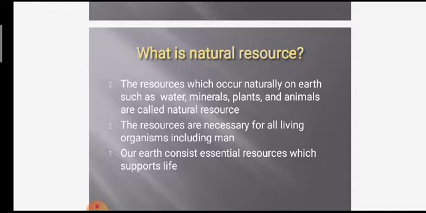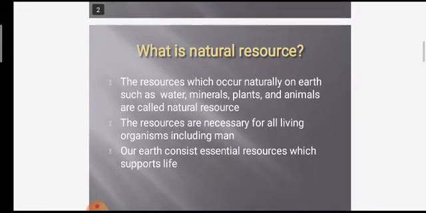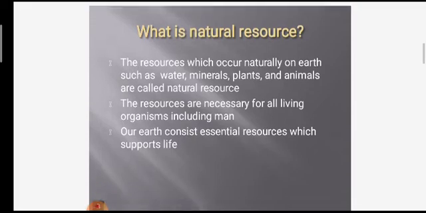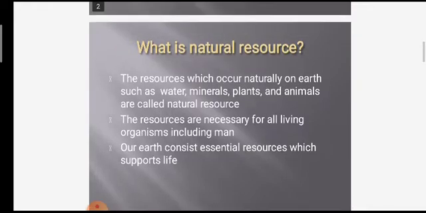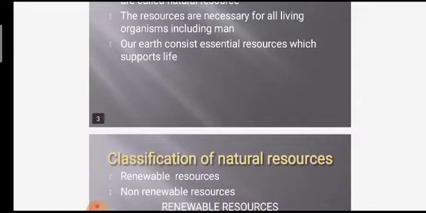These resources are necessary for all living organisms including men. Since these resources occur naturally, we call them natural resources. Our earth consists of essential resources which support life. This is about natural resources.